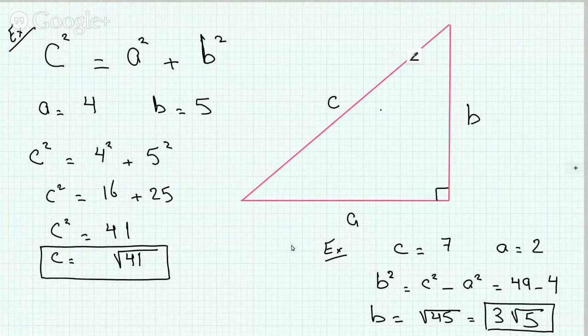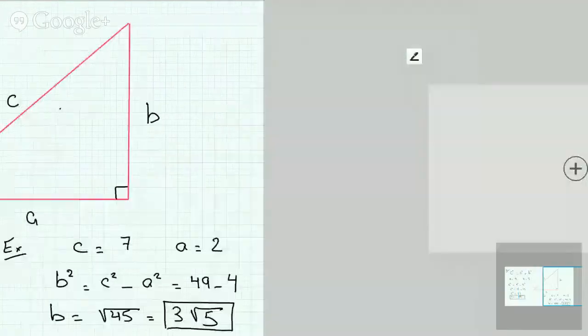If you know one side and you know an angle in a right triangle, you can go on to determine the other two sides and or the other two angles. But in the meantime, I just wanted to give a very brief explanation of what the Pythagorean theorem is and how you could use it. And just as a tip, this triangle could also be turned around.